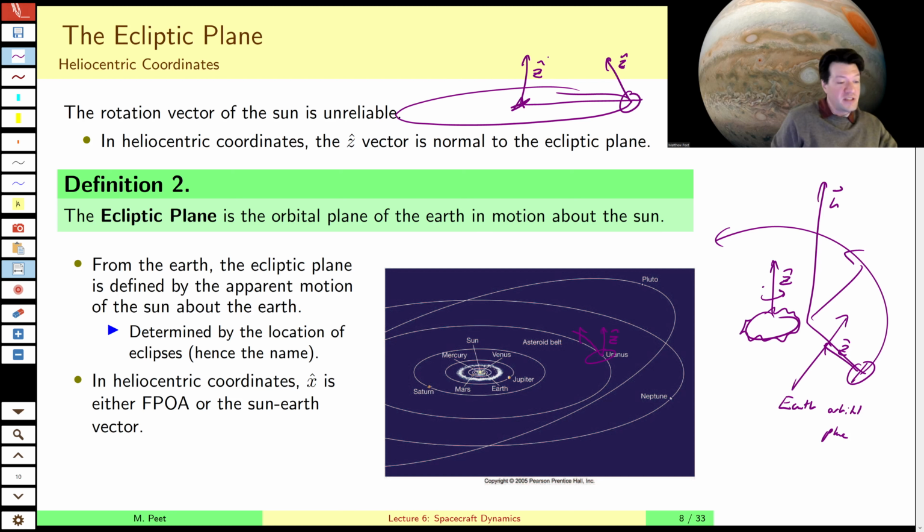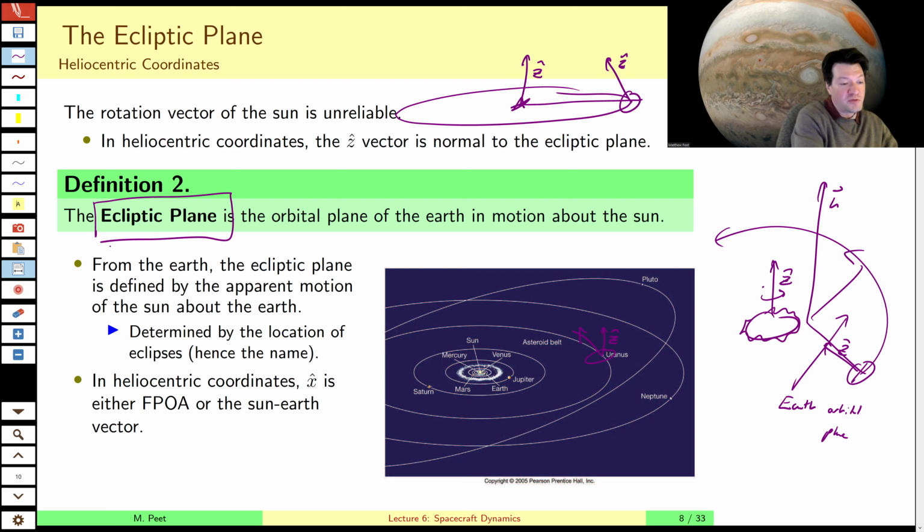Technically, two vectors is enough to define a coordinate system. However, which of these is the x-hat direction, which is the y direction, and which is the z direction? It's enough to define a coordinate system, but it doesn't define the coordinate system per se. We've got to do a little bit more work. So in particular, we're going to define the ecliptic plane.